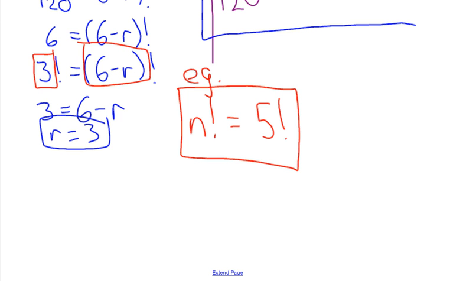So you could just ignore the factorial, and you know that n equals 5, right? If there's something within the factorial, and you have that on both sides, you can just look at what's within. Then you have it here. This is the answer. n equals 5.